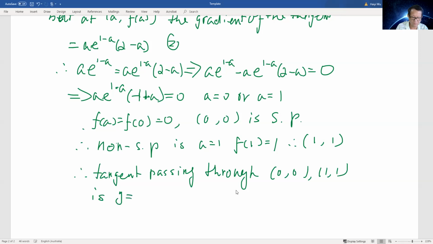The answer is y equal to mx, so m must be equal to 1. So therefore, y must be equal to x. So that's the final answer. So y equal to x is the tangent passing the non-stationary point (1, 1) and (0, 0), which is this. Both of those must be equal.